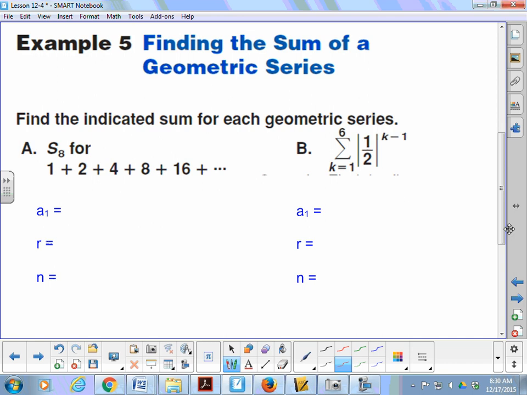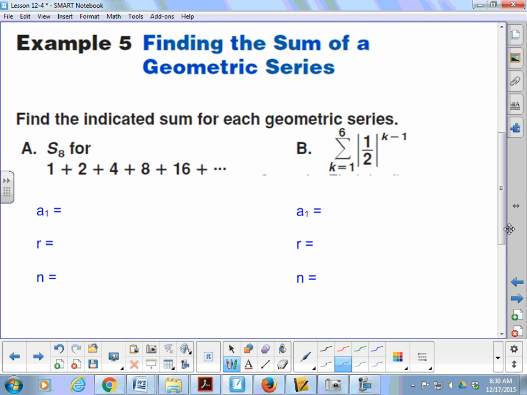So just like any one that we did with arithmetic, I said, you could just expand the series, write them all out, add them up. Okay? And if you would prefer to do that, you're more than welcome to. If you want to use a formula, you're more than welcome to. Whichever one is the most convenient for you to do it.